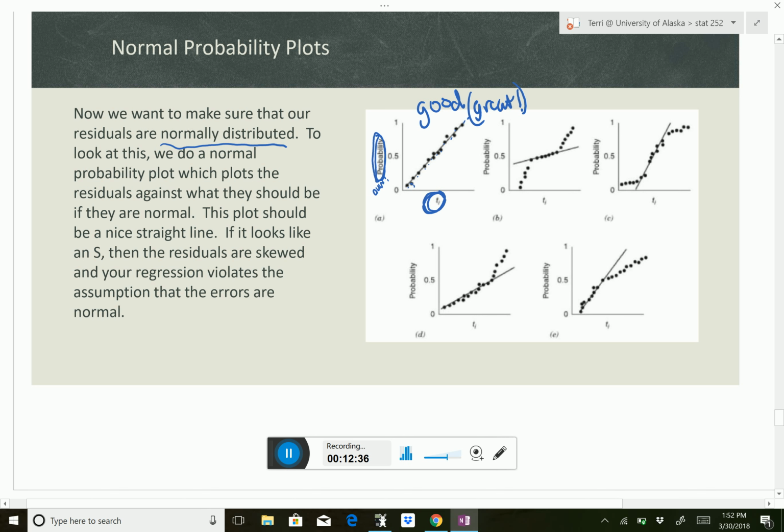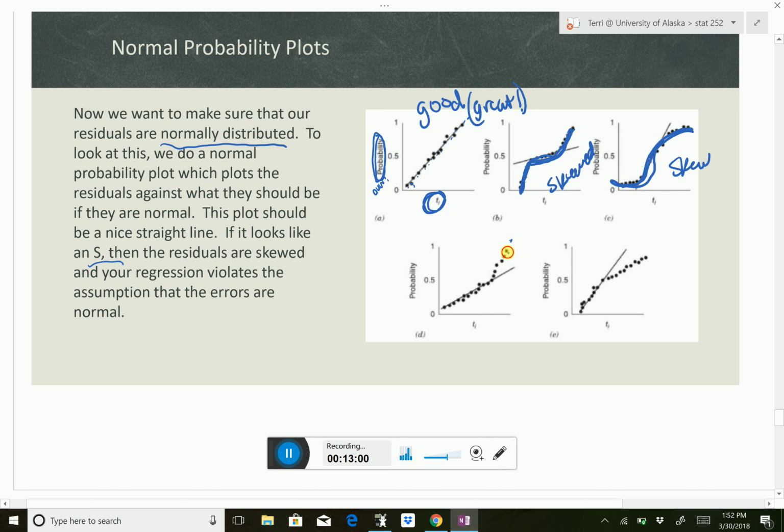They're more or less in a straight line. I mean, they're a little bit off, but they're more or less in a straight line. If it looks like an S, your residuals are skewed. Now look at this one. This one goes way off the line. This one does all kinds of weird things. Okay, this is telling you that you have skewed data. This one, definitely an S. Again, skewed.